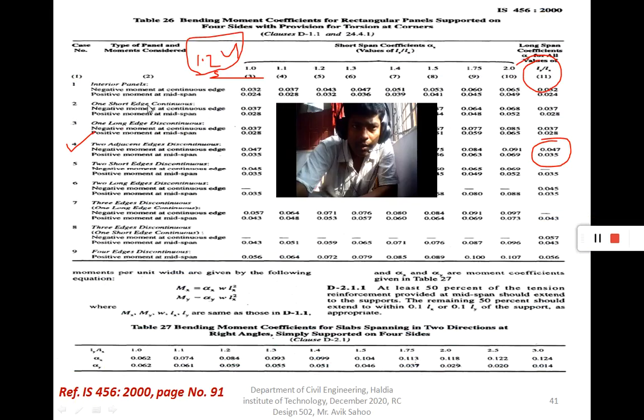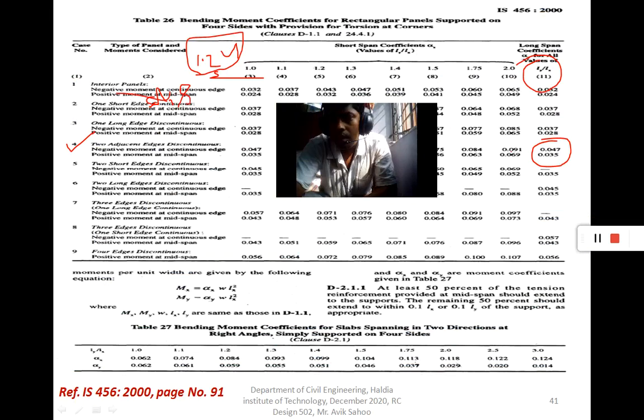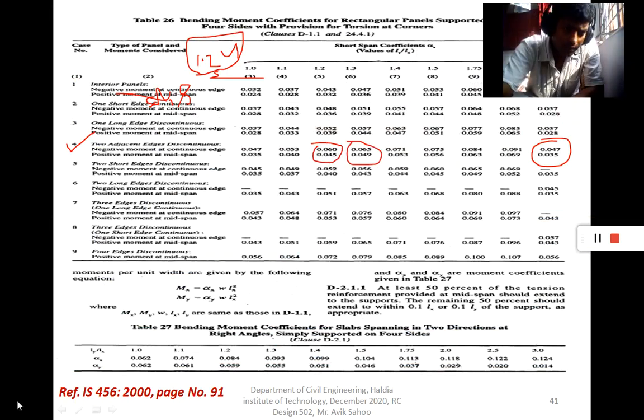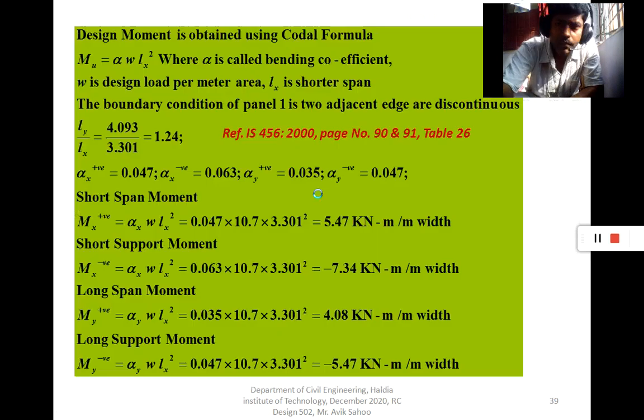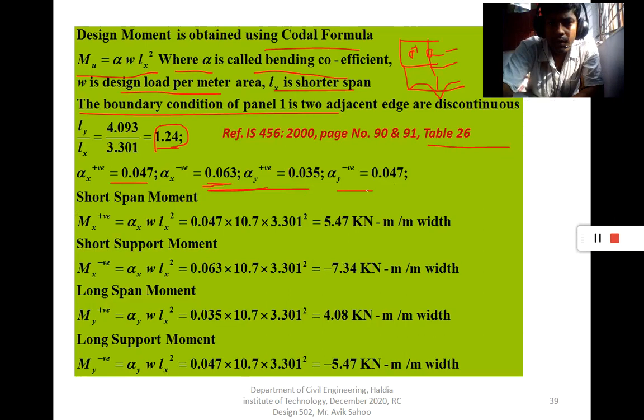Here again a mistake is made in IS 456, that you note, this is not continuous, that is discontinuous. Now you see that the alpha y value is 0.04. So the longer direction coefficient is computed for all Ly by Lx values.